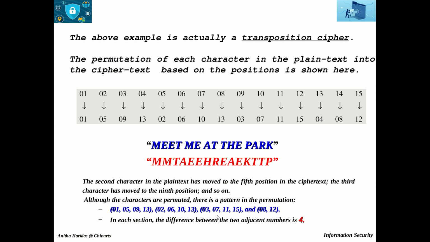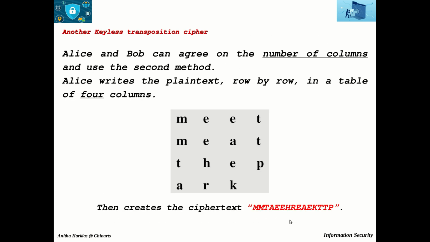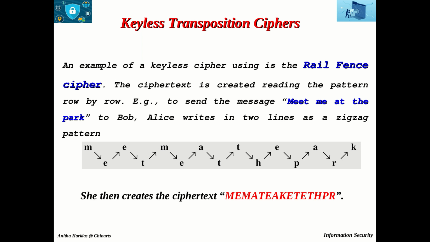Then the third set of characters are 3, 7, 11, 15, and the last ones are 8 and 12. Now if you see, in each section the difference between 2 adjacent numbers is 4. So if this value is known to the attacker, then obviously the keyless transposition cipher can be easily broken by the attacker, right? So these are the different versions of keyless transposition cipher.